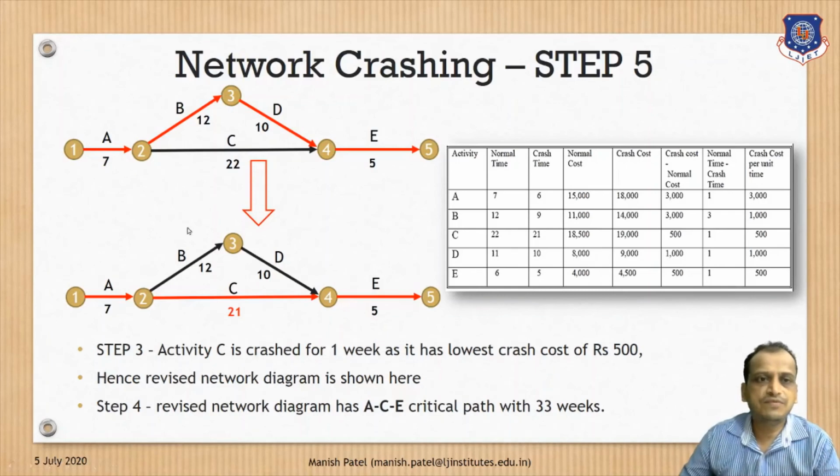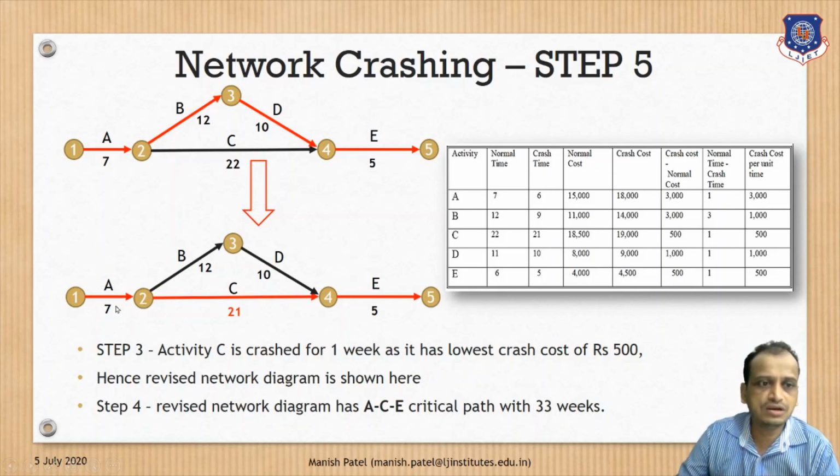So in step 5, we will try to reduce the activity completion time of C from 22 to 21 because it has the lowest crash cost of 500 rupees. So we will crash 1 day. So the cost is 500 rupees. So what is the critical path now?